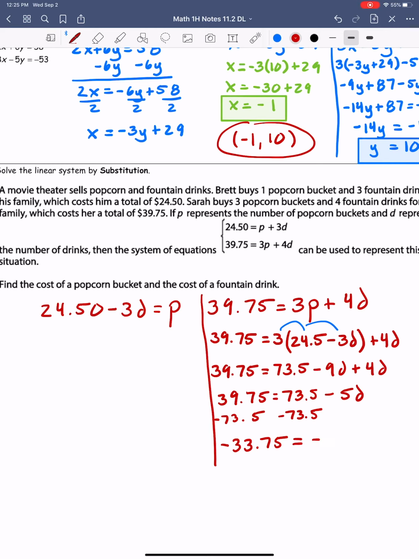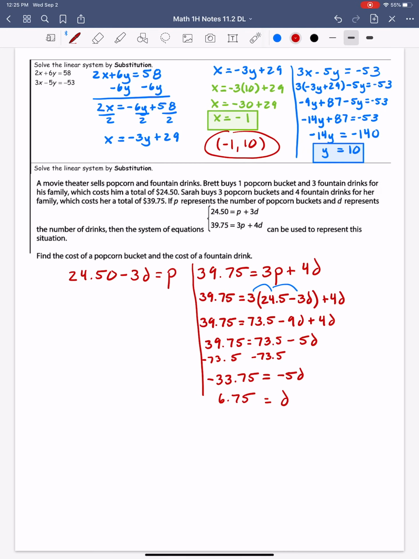And that equals negative 5d, and then I'm going to divide that by negative 5. And I get d equals 6.75. Okay, and so we've got the first part of our answer here, which is d equals 6.75.